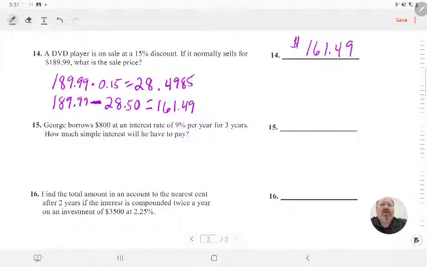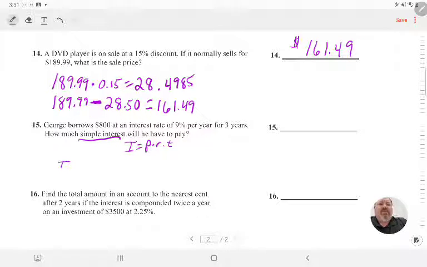Now, George borrows $800 at an interest rate of 9% per year for 3 years. How much simple interest will he have to pay? Well, remember that's interest equals principal times rate times time, PRT.